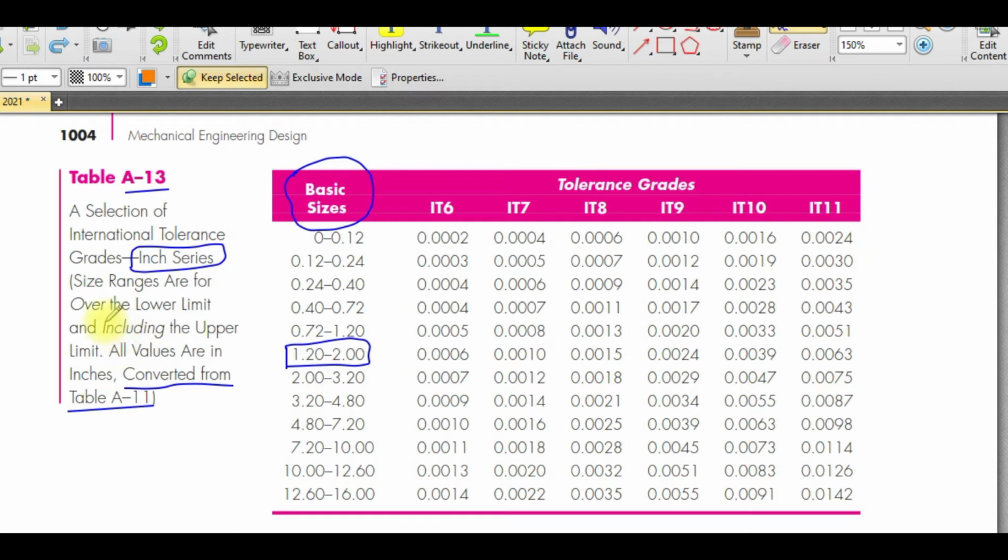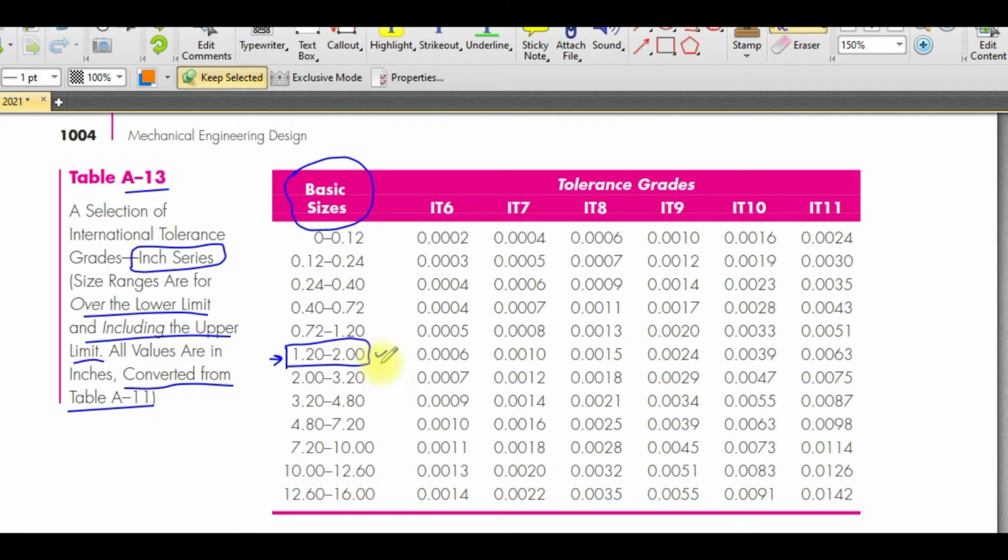Now the answer to that is in the caption of this table, where you can see that it says over the lower limit and including the upper limit, which means that in any range the values are for a basic size greater than this lower limit, up until the upper limit value 2.